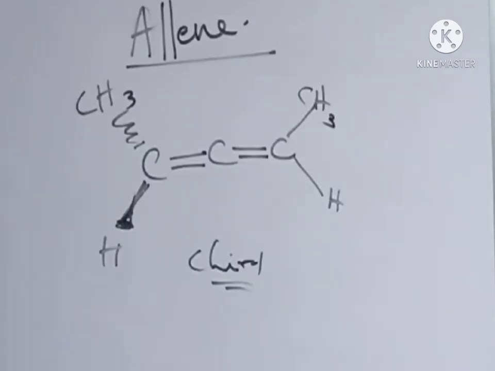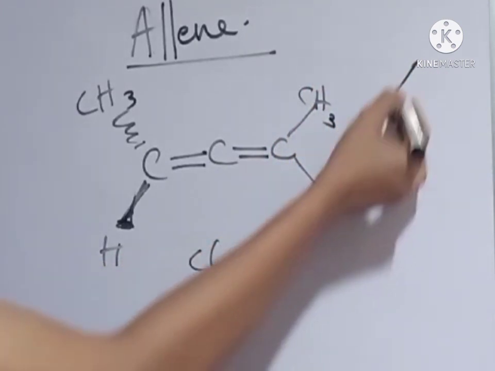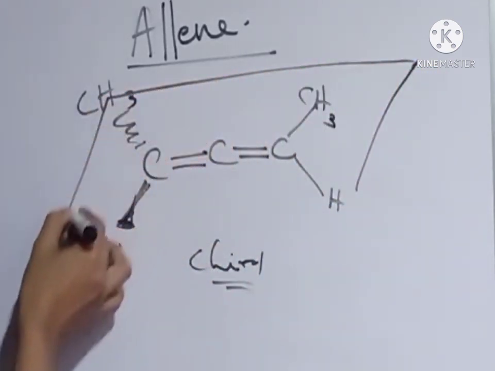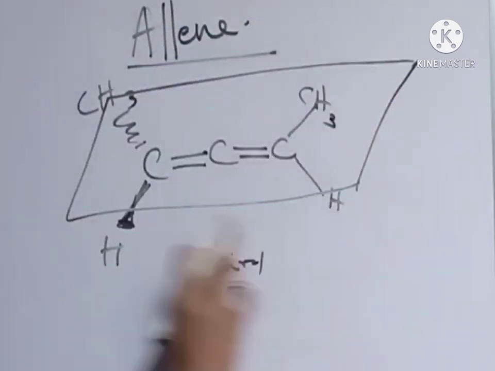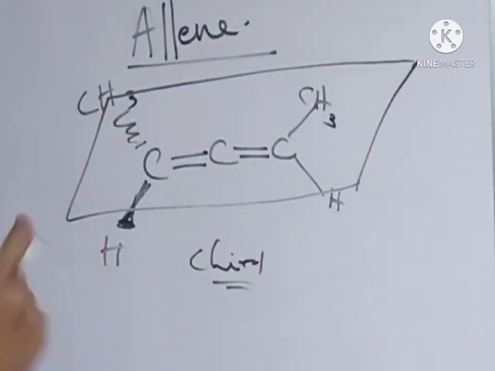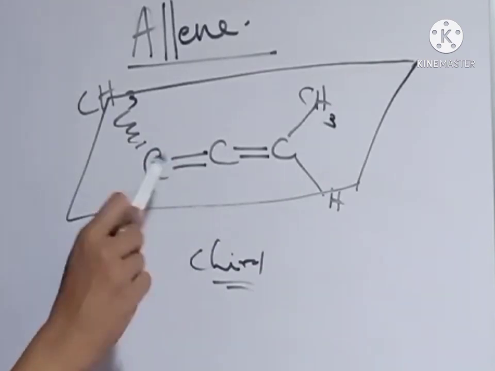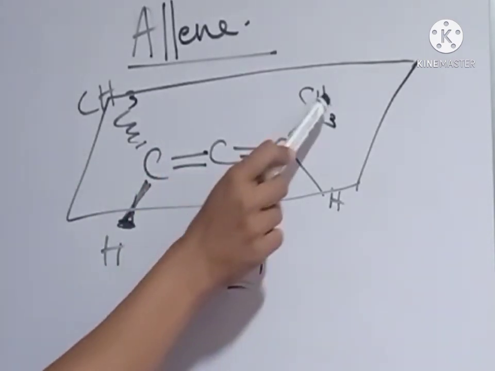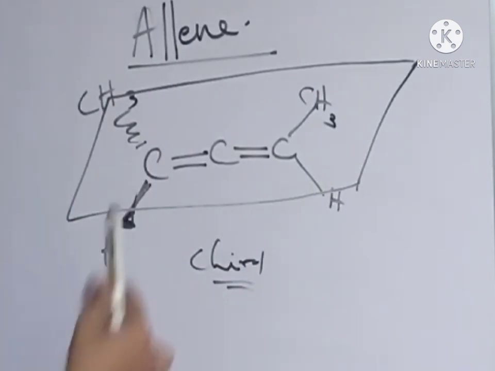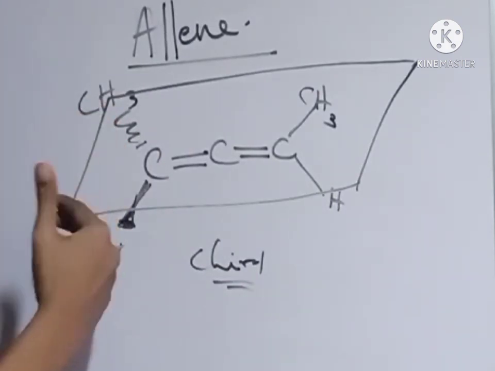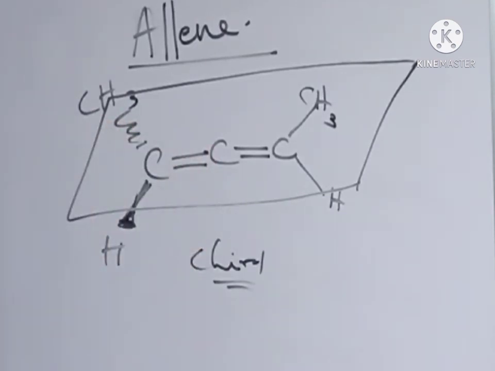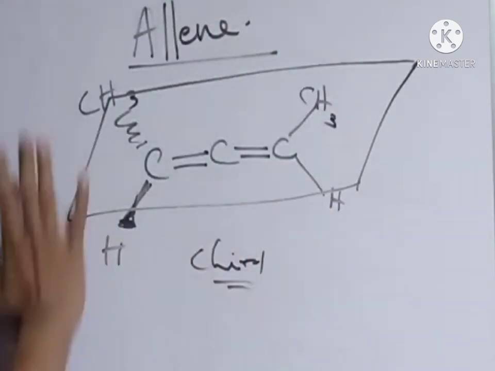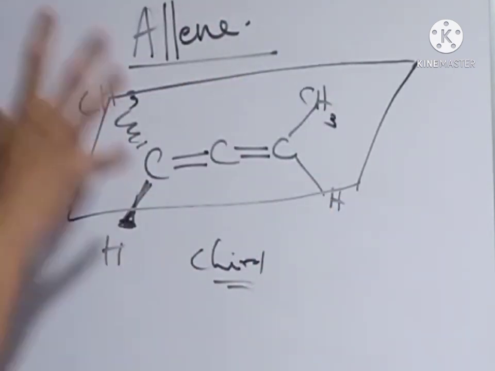If we draw a plane which is lying on this plane, that plane will contain these three carbon atoms and this CH3 and this hydrogen, but these two groups do not lie on this plane. That means one of the hydrogens is projecting here towards us and one is projecting backwards. So we can observe an asymmetry there. So this molecule is chiral.